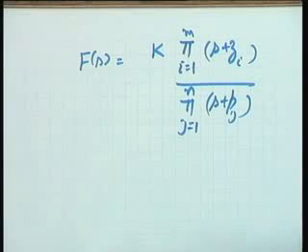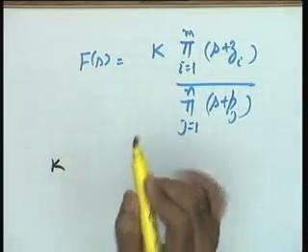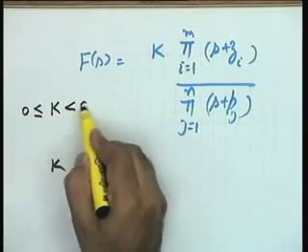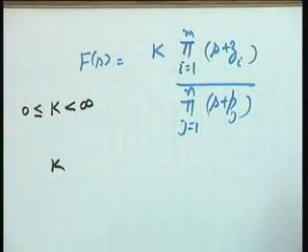I need your help, please. What is the magnitude criterion? The magnitude criterion will demand that k, of course, is a scalar constant. I am assuming k is greater than or equal to 0 and less than infinity. This is a positive parameter I am assuming, so it is a scalar constant.